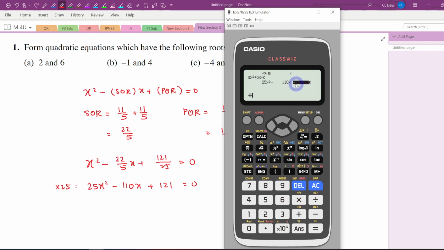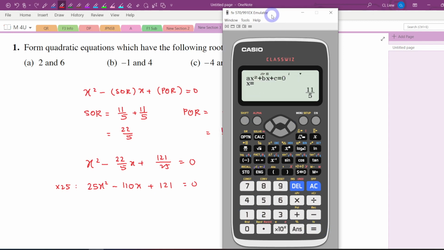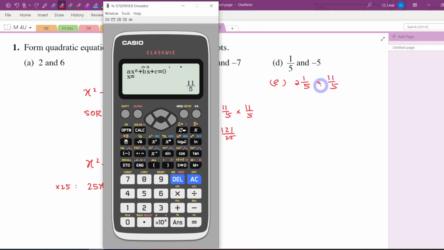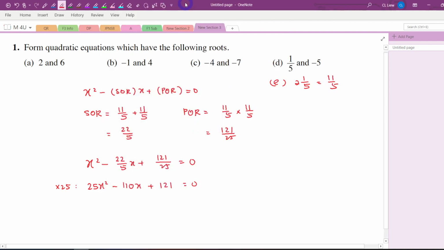Since just now I keyed in the negative 1, here you have to be more careful, you need to key in the plus. Because you see, now this is negative, right? Minus, here is plus 121, therefore we need to key in plus 121. Okay, now this is the root, right? So this is the way how we form a quadratic equation when there's only one root.